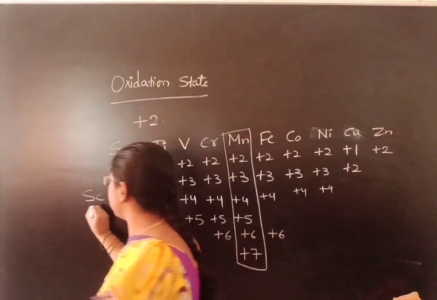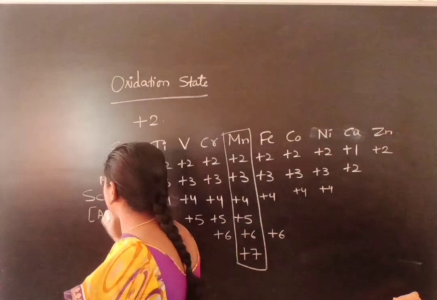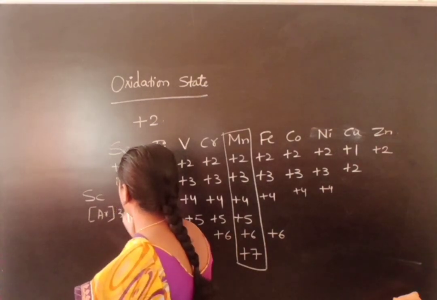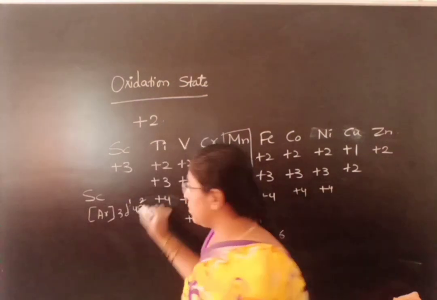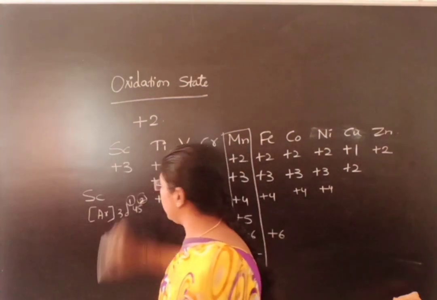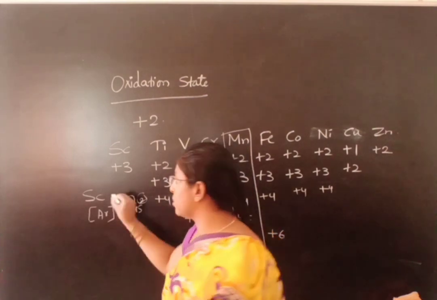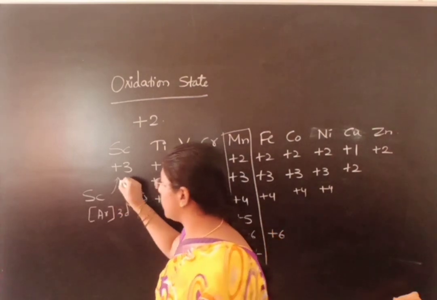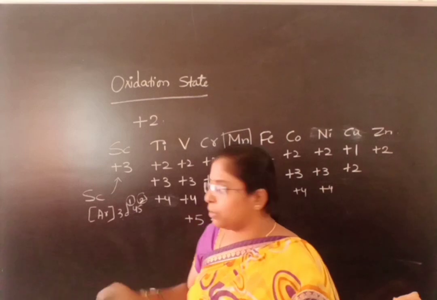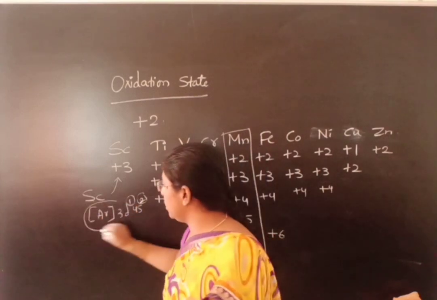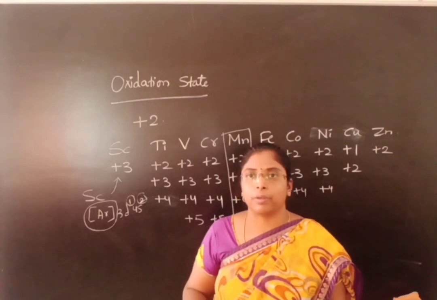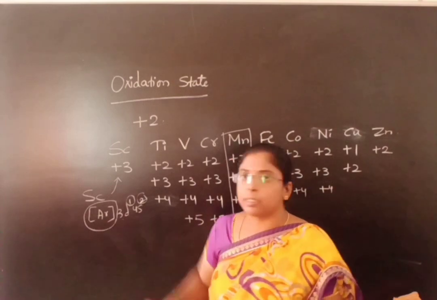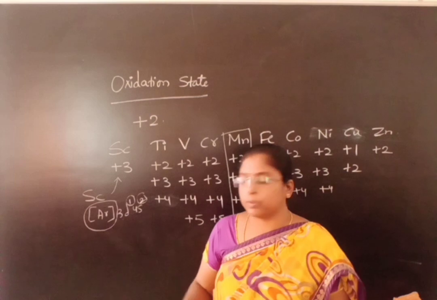Its electronic configuration is argon 3d1 4s2. Scandium readily loses 3 electrons and attains an oxidation state of +3, because after losing 3 electrons it attains a stable noble gas configuration as that of argon. To attain the stability, it readily loses 3 electrons.